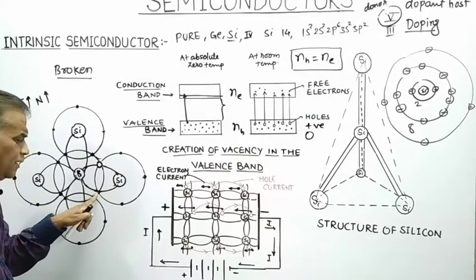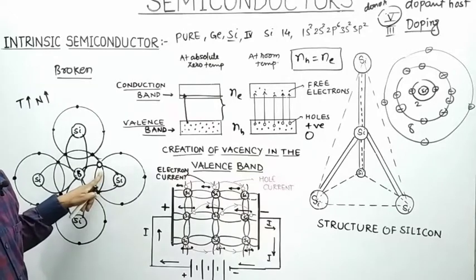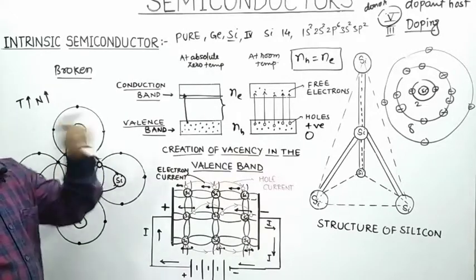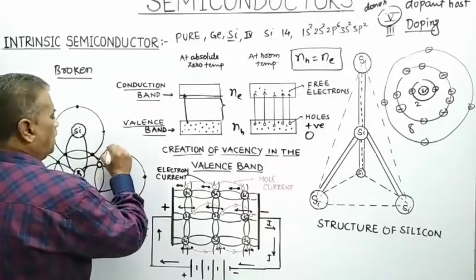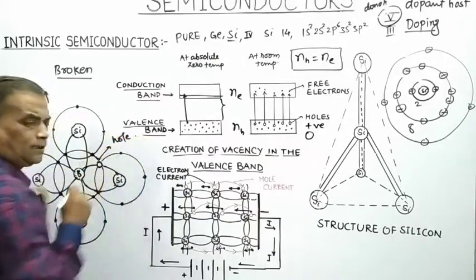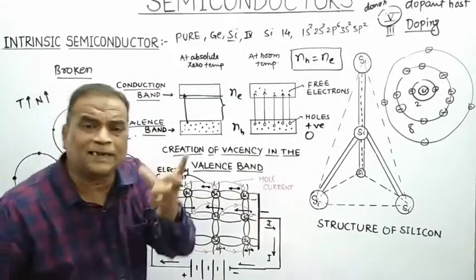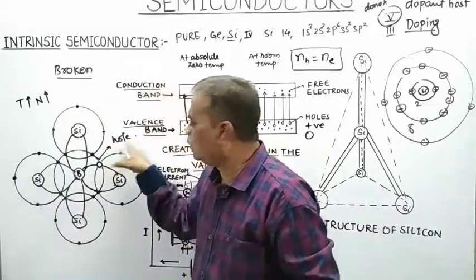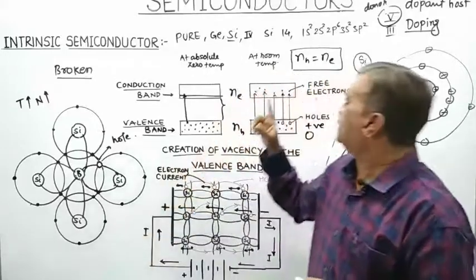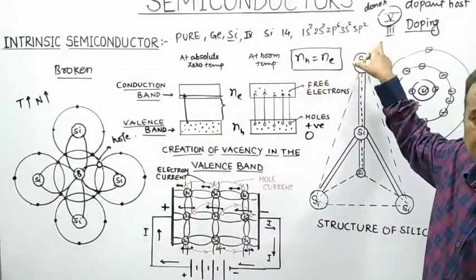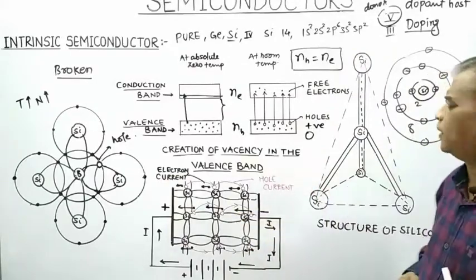But in the formation of the fourth covalent bond, there is a vacancy or deficiency of electron, and this vacancy in the valence band is called the presence of a positive charge, known as a hole.